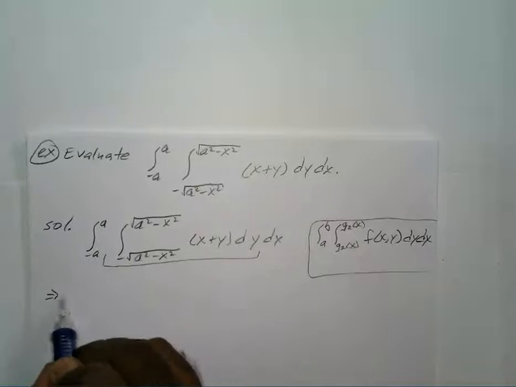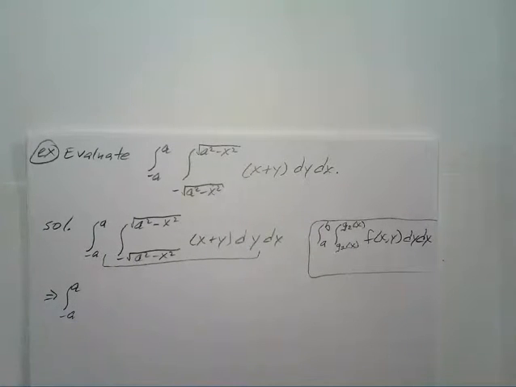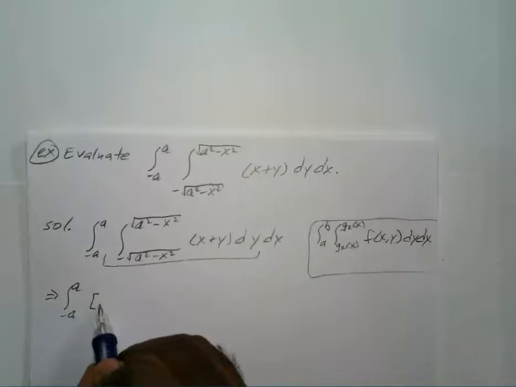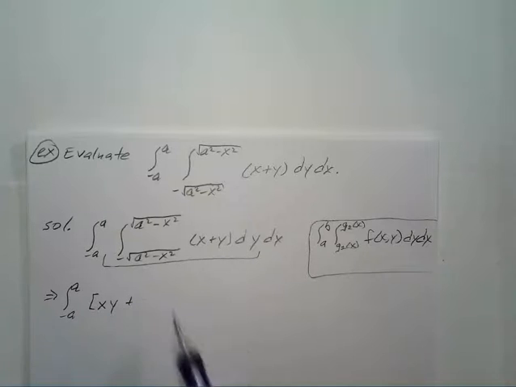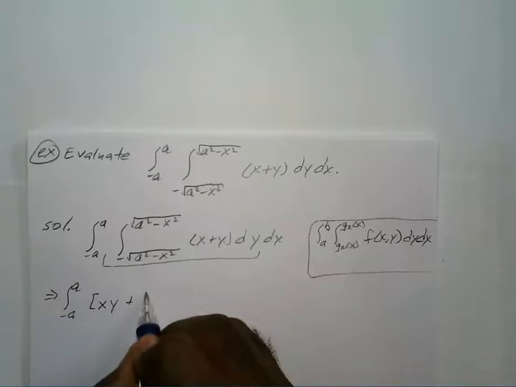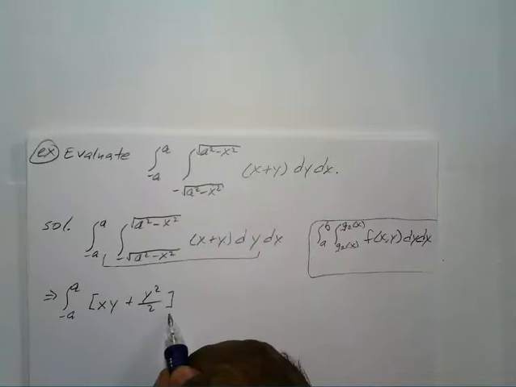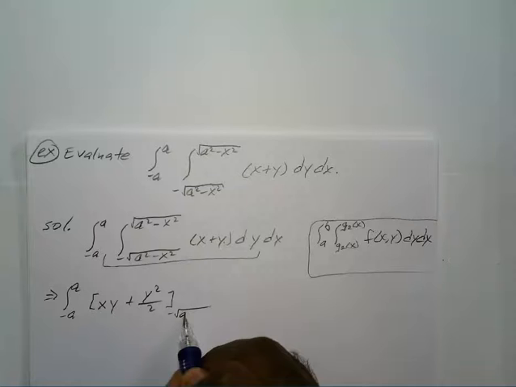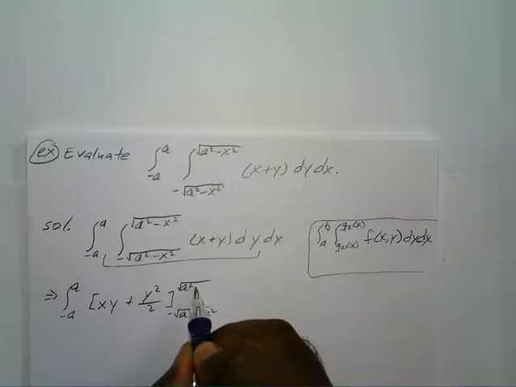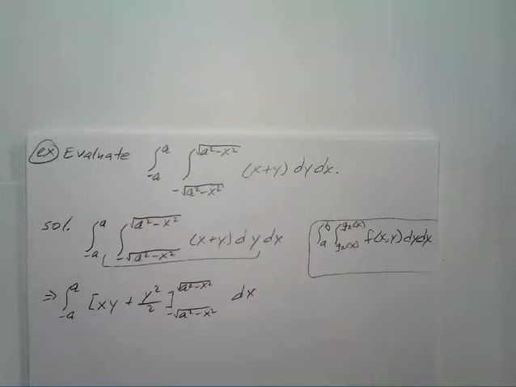So that gives us the integral from negative a to a. Integrating x with respect to y is just xy, plus the integral of y with respect to y is y squared over 2. And that is from negative square root of a squared minus x squared to square root of a squared minus x squared, and that is with respect to x.